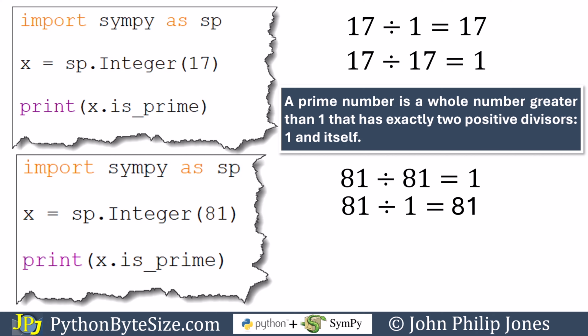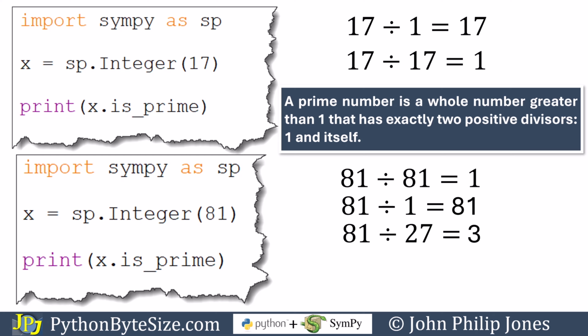Well, let's have a look. We have got 27. 81 divided by 27 equals 3. There's enough tests done there to tell us that 81 is not a prime number, because you can see it can be divided by 27 to give us a result that has no fractional part.